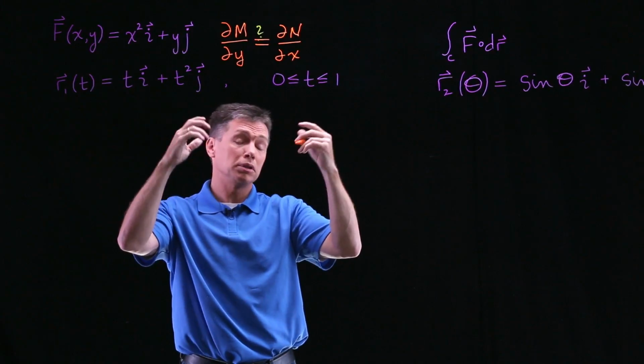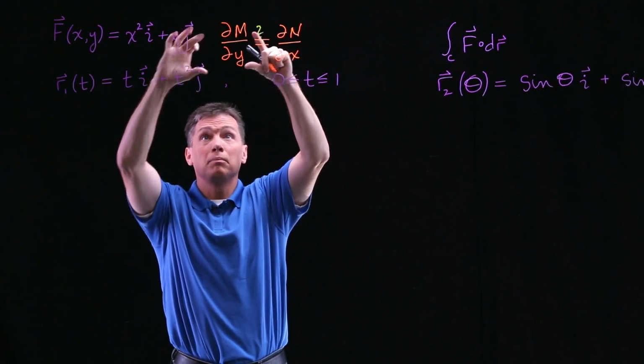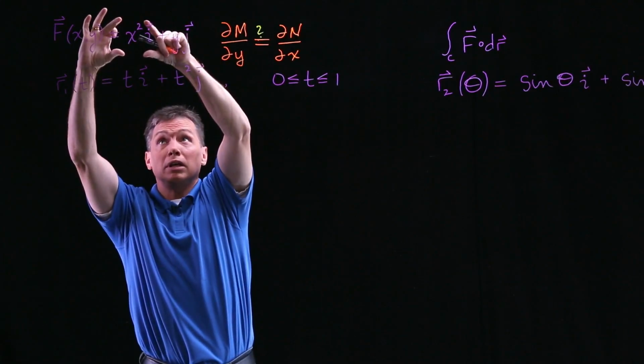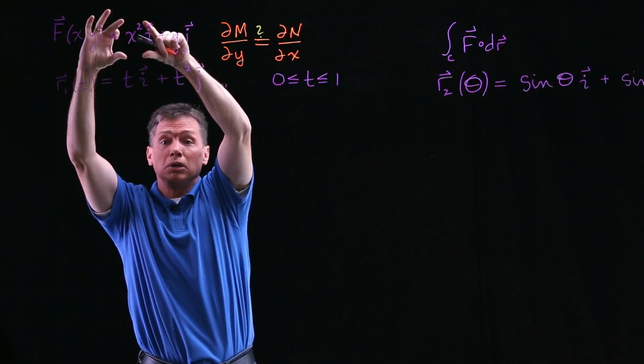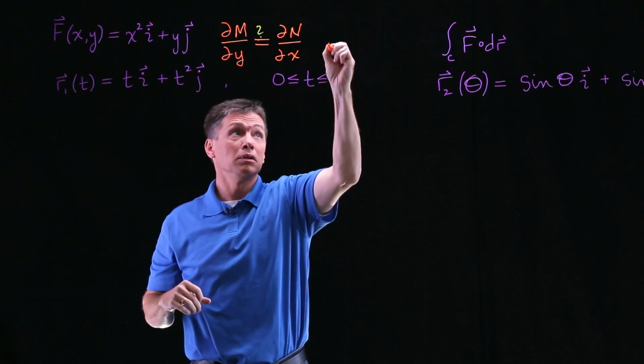So that should be true. Let's do it. The x squared is m, and the partial of that with respect to y is 0.